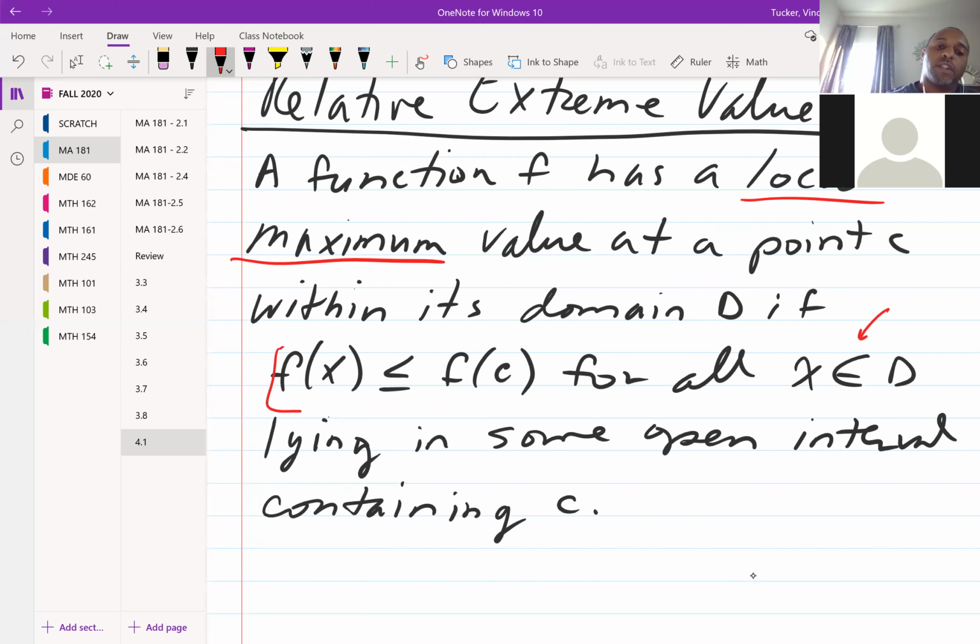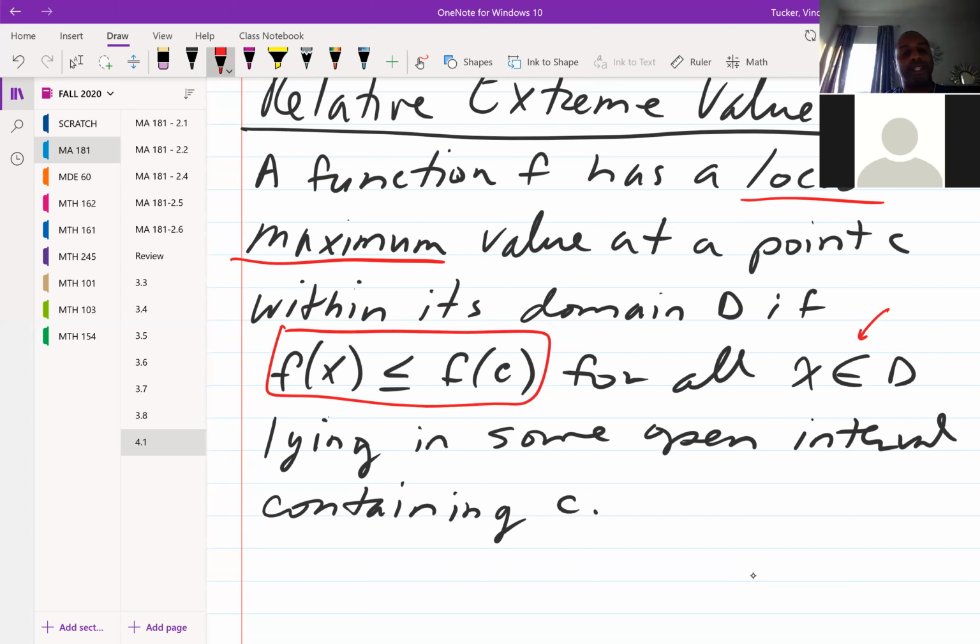So basically it's the same definition that we had for the absolute max. It's just that this time this can exist on open intervals. So you're just talking about whether it's a local maximum or relative max. Both of those are the same.